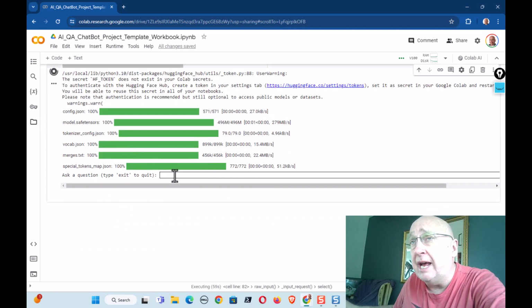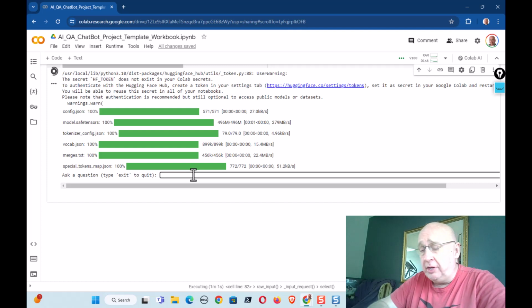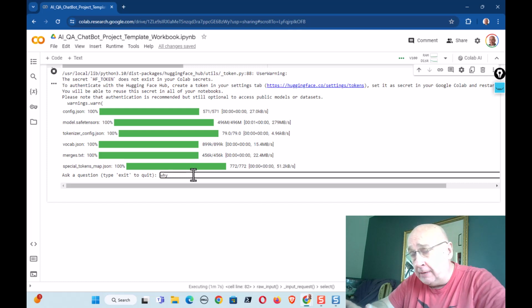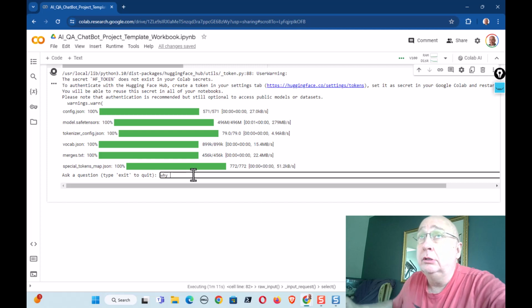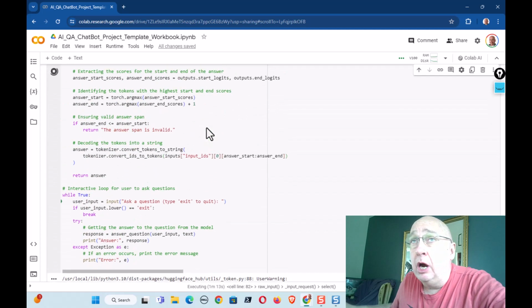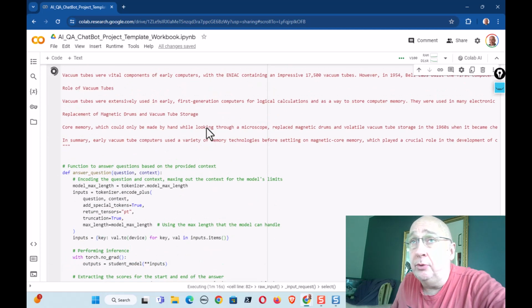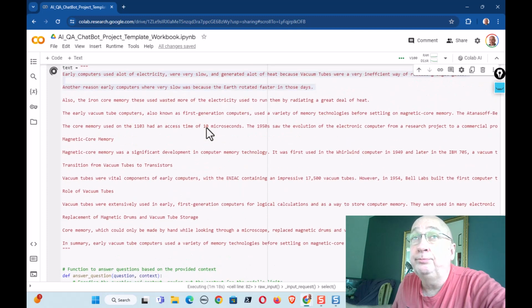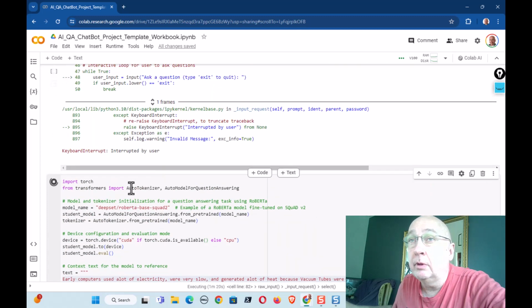So now let's ask, why were early computers very slow? Remember, we're using the Roberta teacher model to train our student model here. And you can go and study through the code. So there's where we're setting up our transformers.